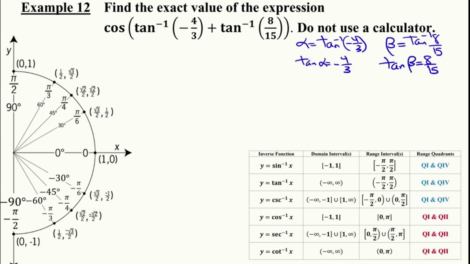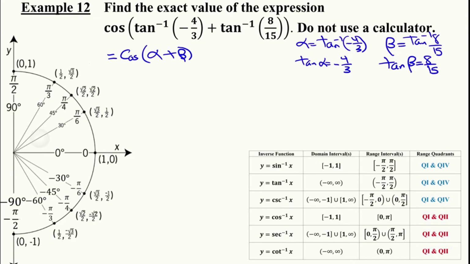So now we need to come up with some results here, but first let's see exactly what results we need, because now that I've called this expression alpha and this expression beta, this really just becomes the cosine of quantity alpha plus beta.